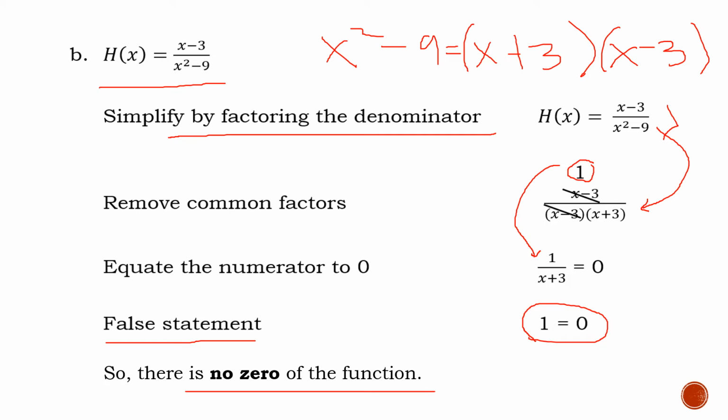And it's the same thing on how we find the value of your x-intercept. So in this case, no, it provides you 1 is equal to 0. If this is a false statement in reality, then there is no zero in the function. Meaning to say, there is no x-intercept, no, on this given rational function.